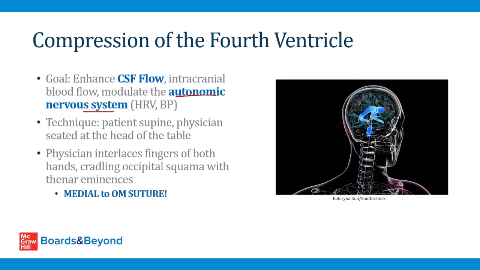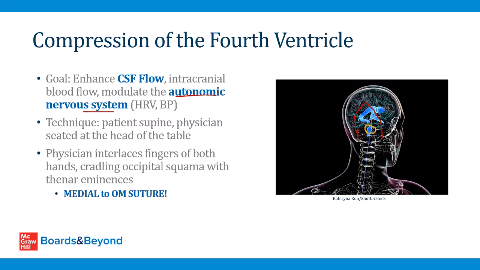So if we're looking at this image here, remember we have the mastoid processes out here laterally and the occipitomastoid suture. The occiput comes up and comes back between in kind of a semi-triangle shape. So we've got the occiput here coming up around the foramen magnum. The cerebral aqueduct is here in red. And then what we have here in yellow is the fourth ventricle.